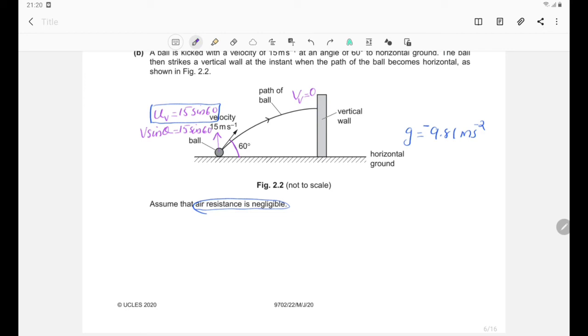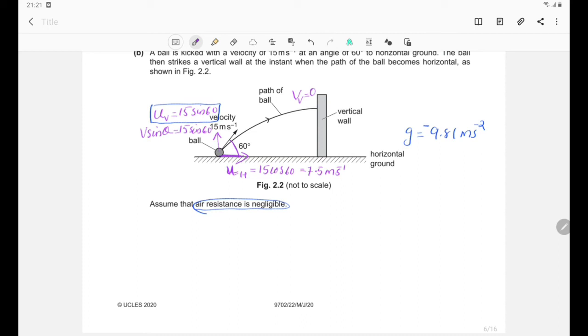Likewise, initially we can even calculate the horizontal component of the velocity, and we can represent it as the initial horizontal component uh. The equation is u cos 60. So 15 cos 60, and 15 cos 60 is 7.5 meters per second.